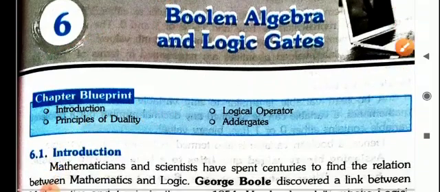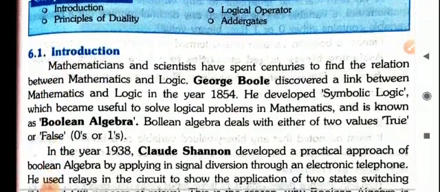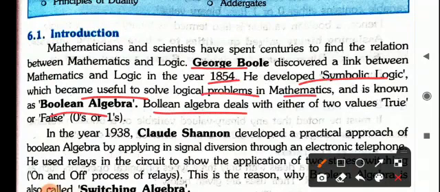Now algebra based on Boolean values is known as Boolean algebra, and it was developed by George Boole in the year 1854. He developed this symbolic logic, which became useful to solve logical problems in mathematics. Boolean algebra deals with either of two values, true or false.